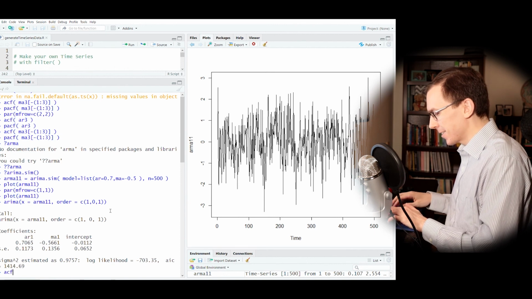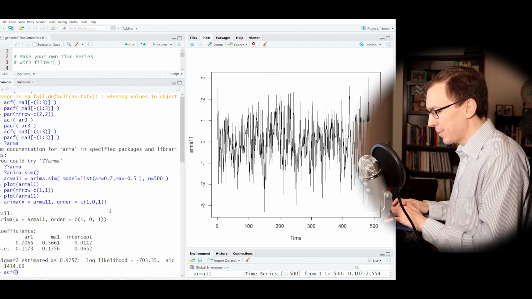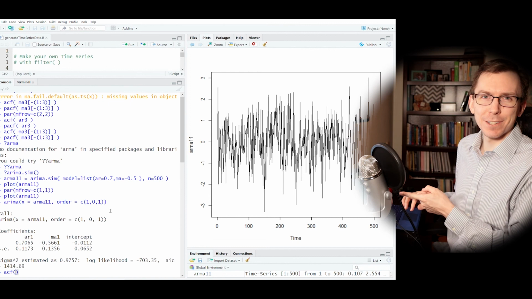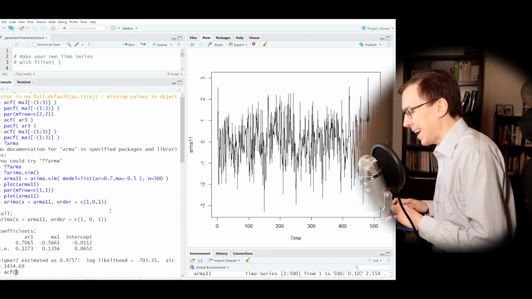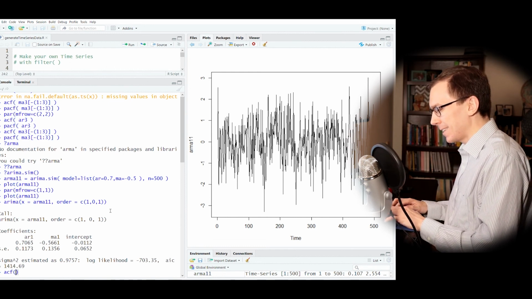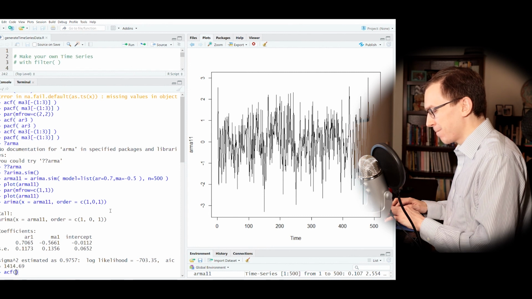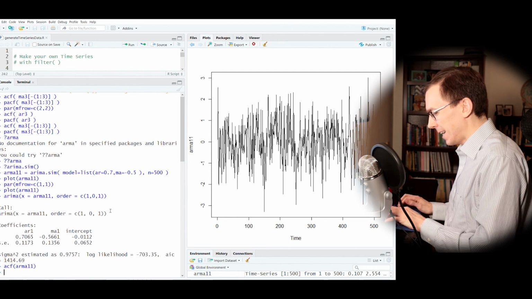But in this case, let's just look at the ACF and the PACF and see what we get. I actually could have used this function to simulate the AR and the MA process more easily than the filter process, but that's okay. Anyway, let's look at ARMA 1,1 and say ACF.